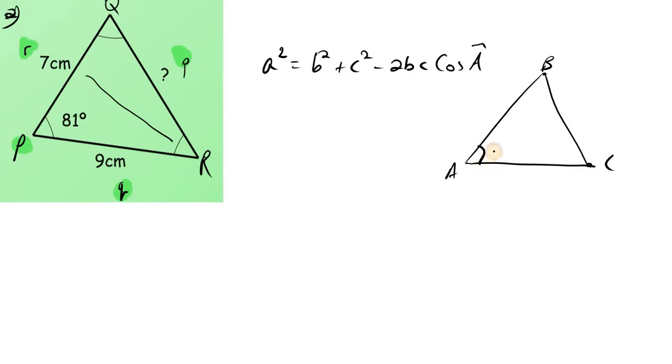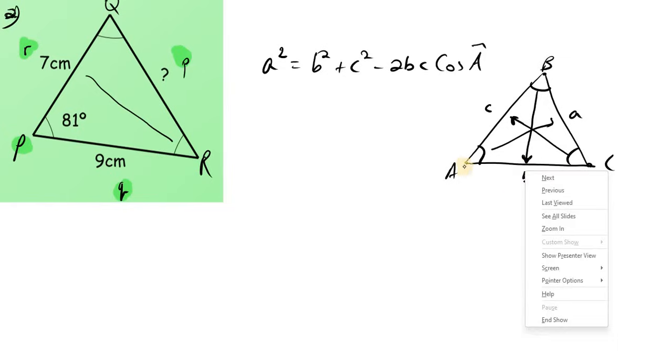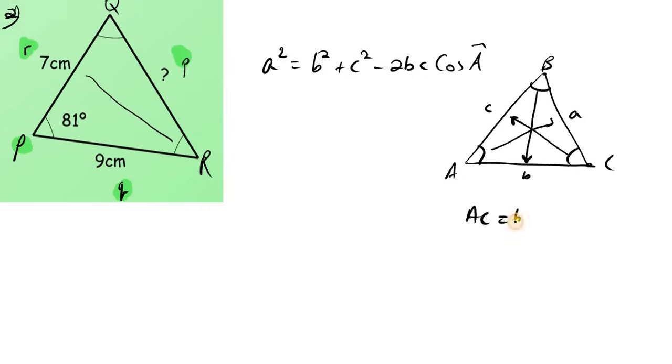Now this is angle A and it faces what? Side little a. We have angle C and it faces what? Side little c. We have angle B and it faces what? Side little b. So when I talk about side AC, I can say side b. Notice when I say side AC, I did not mention B, so that's letter B. So we can use b to represent AC.